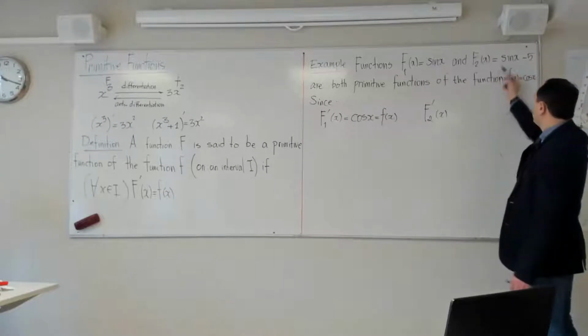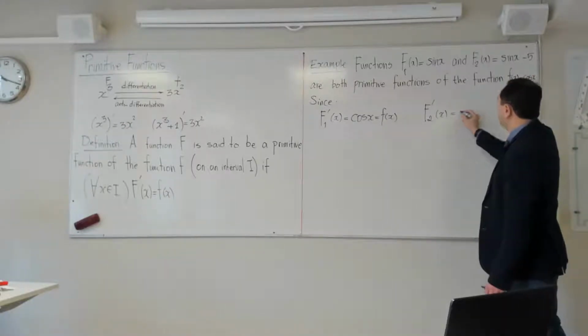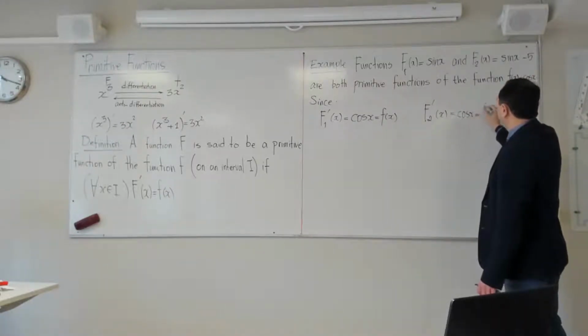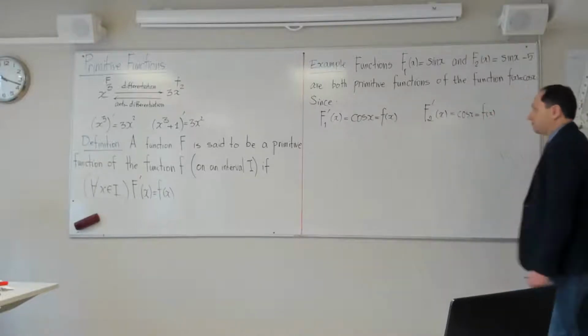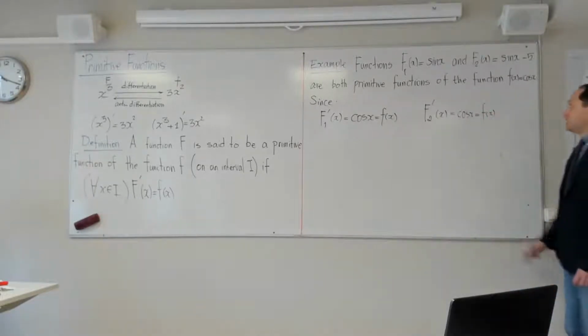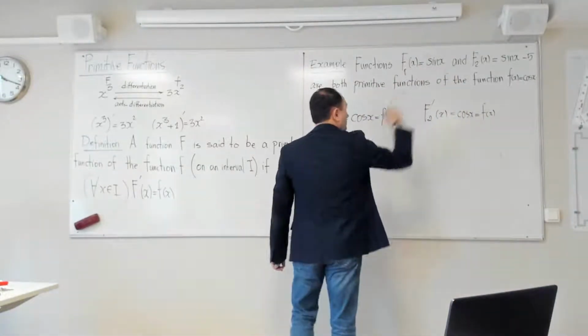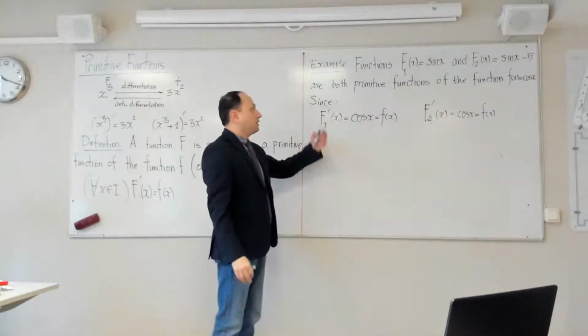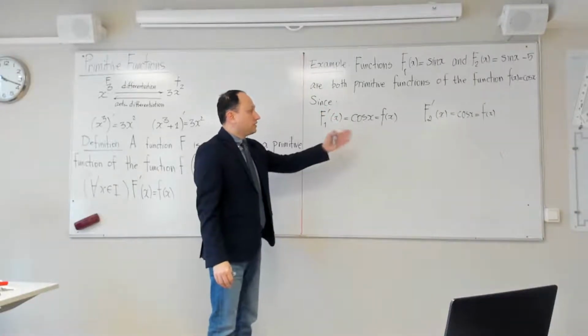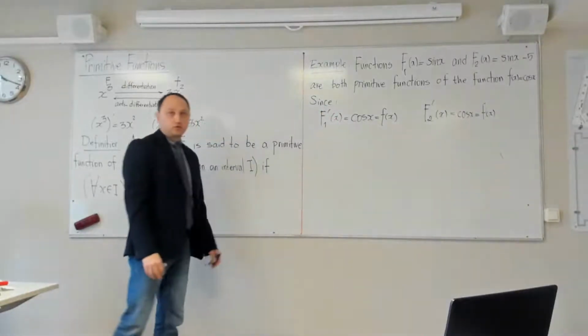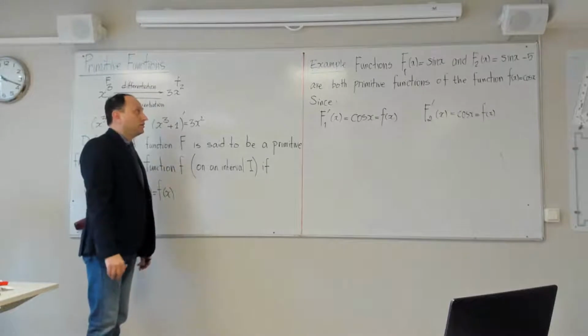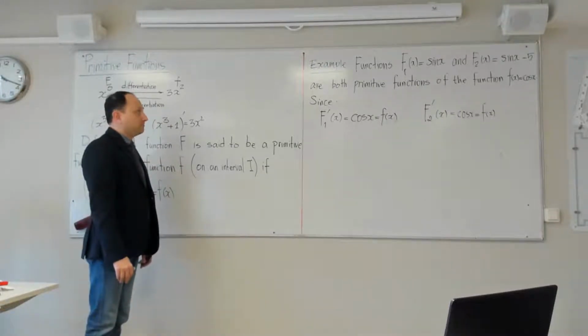The derivative of this function is still cosine x, and cosine x is again the little function f of x. So as simple as that. The reason that I call these two functions primitive functions of the cosine function is because when I take the derivative of these two functions, it becomes the cosine function. That is just the definition of the primitive function.